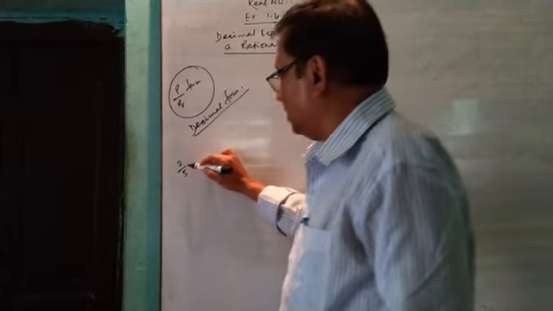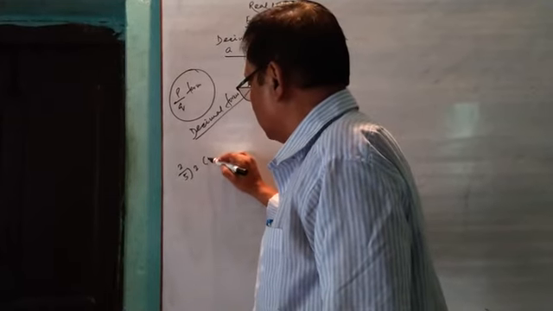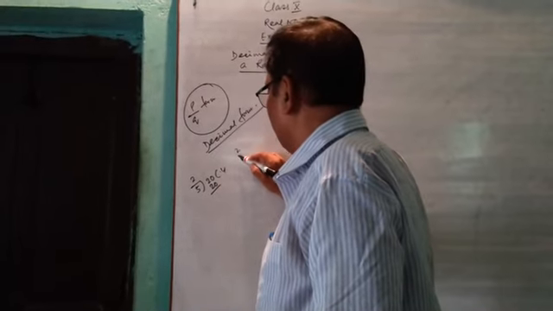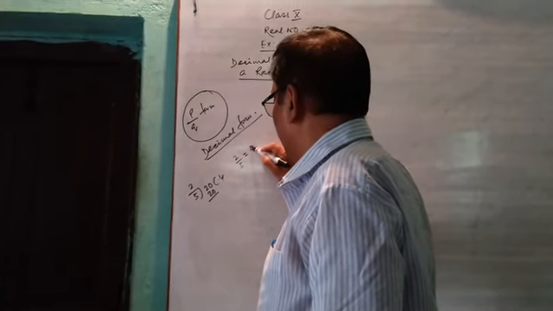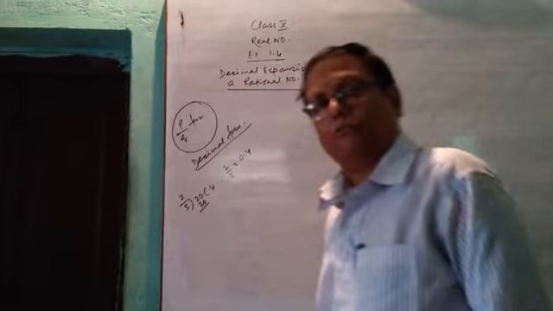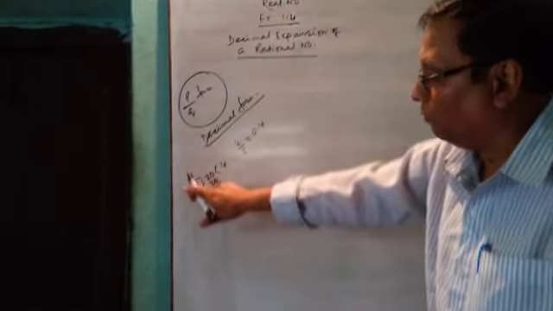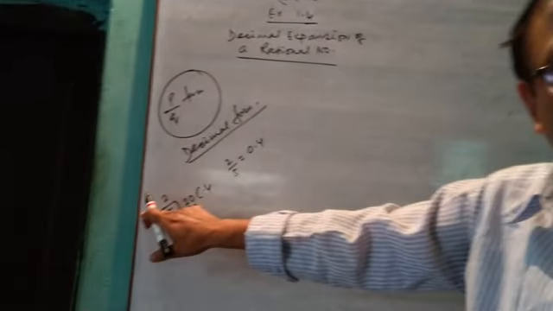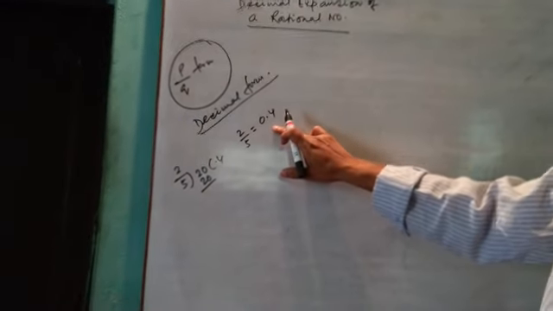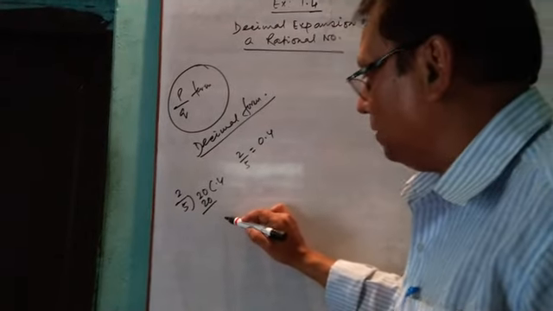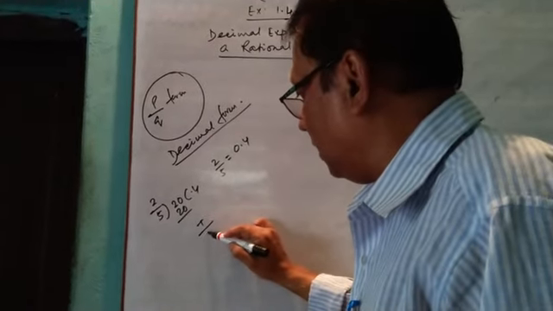What is its decimal form? The decimal expansion will simply be 0.4. So the decimal form of 2 by 5, a rational number in the p by q form, is 0.4.